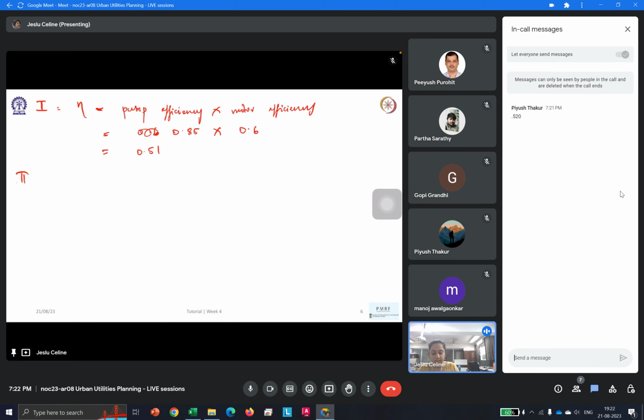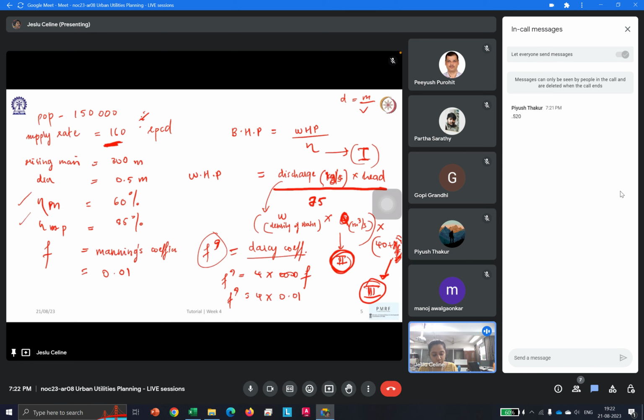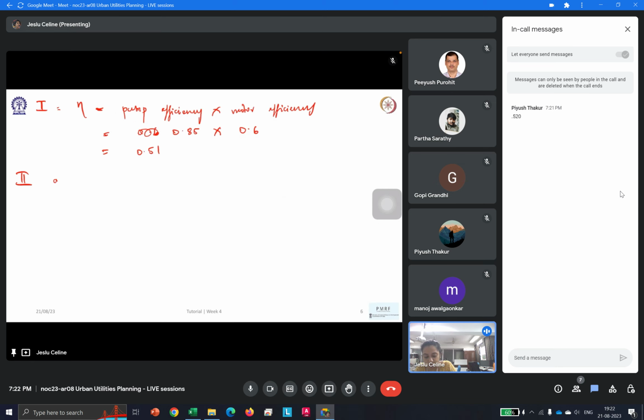Now we have the second task, which is to find what is Q. In order to find Q, which is the average demand, first we are finding the average demand, which is a population of 1,50,000 into the pumping rate, which is 160.